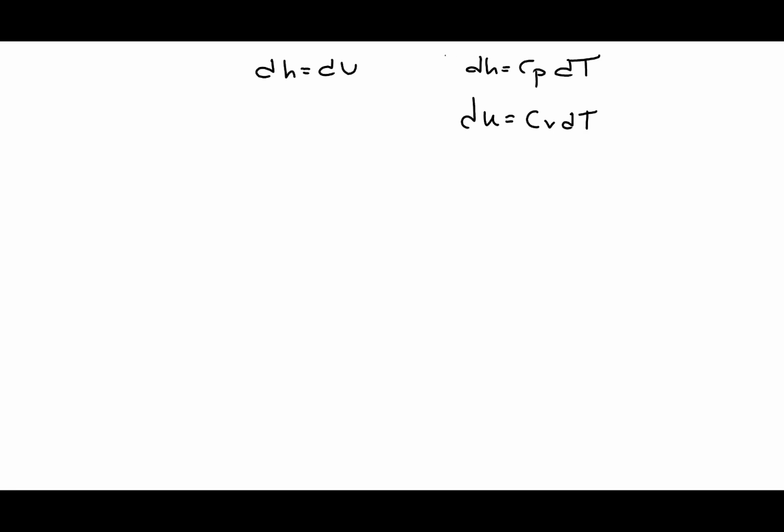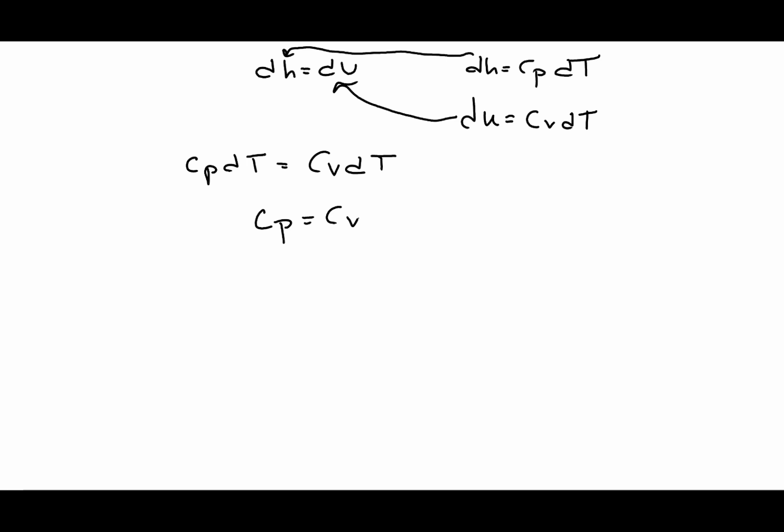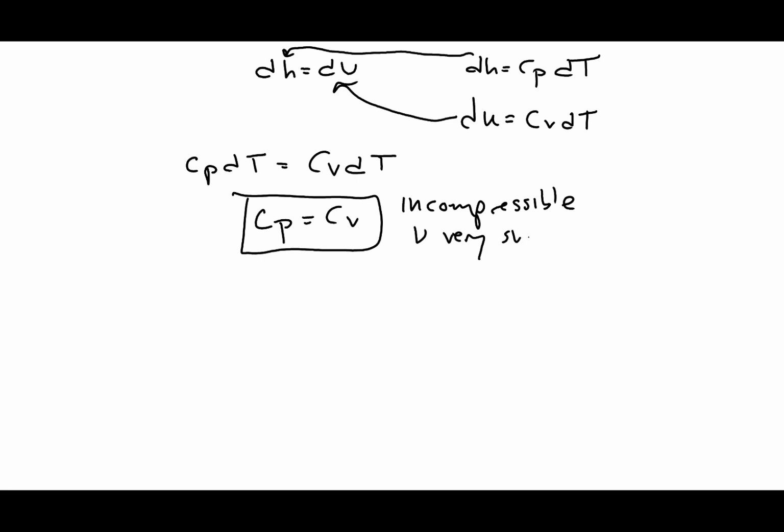So if we plug these into this equation, we get that C sub P dT is equal to C sub V dT. So basically C sub P is equal to C sub V. And remember, the assumptions for this are that this was incompressible, and we also assumed that the specific volume was very small.